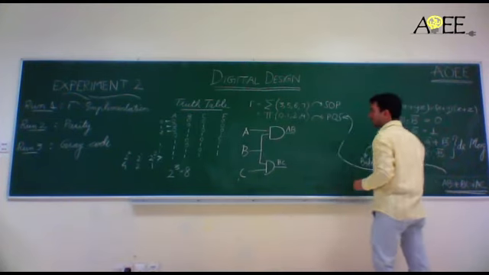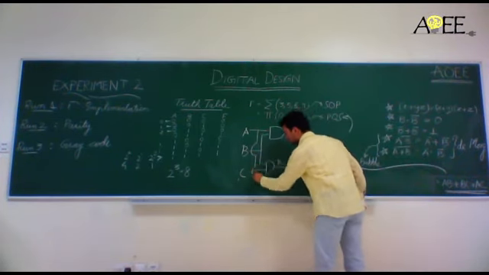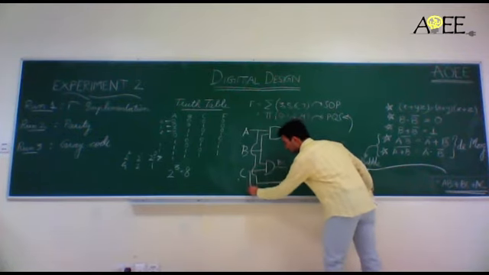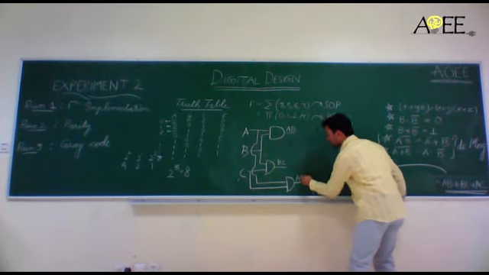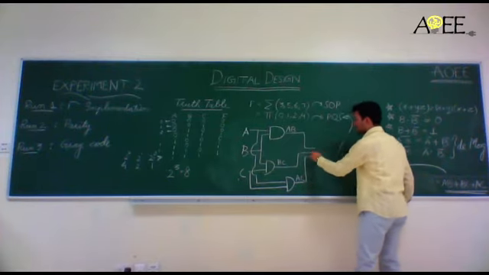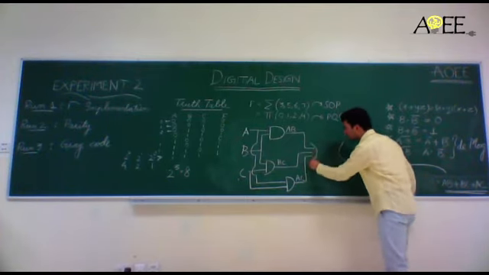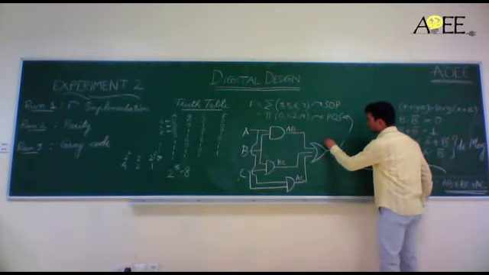And lastly we have AC, again using an AND gate, which gives AC. AB plus BC plus AC, they have to be added, right? So use an OR gate. The output is AB plus BC plus AC.